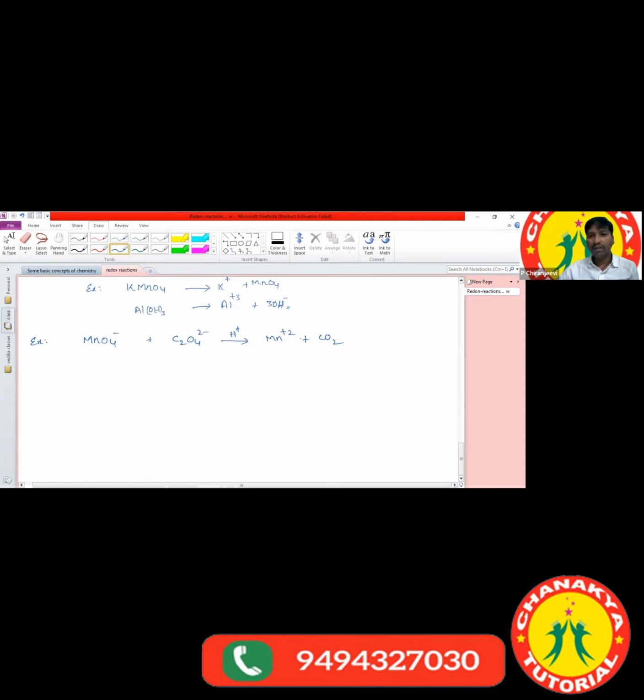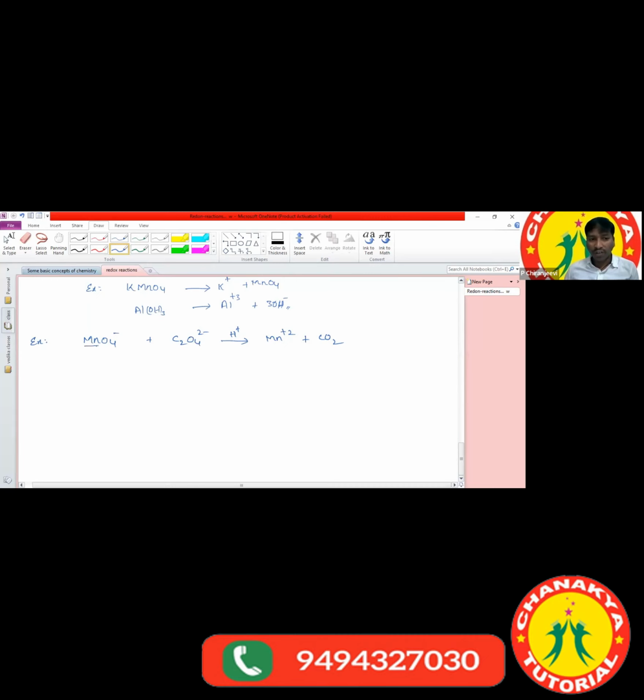First of all, they have already given us the ionic equation. After the ionic equation is given, next we have to find the oxidation number of each and every element here.